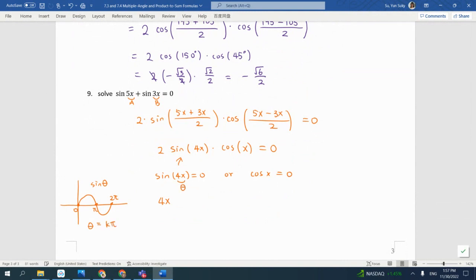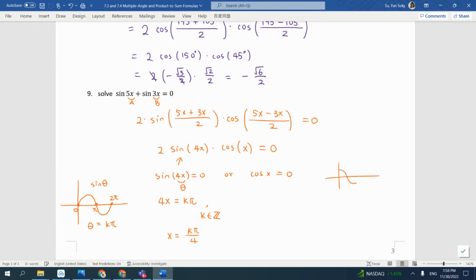But in this case, our theta is 4x. So 4x is k pi, where k is an integer. Can I use this notation? k belongs to the set of integers. Then there's less to write. Now we solve for x. Both sides divided by 4. So we get k pi over 4.